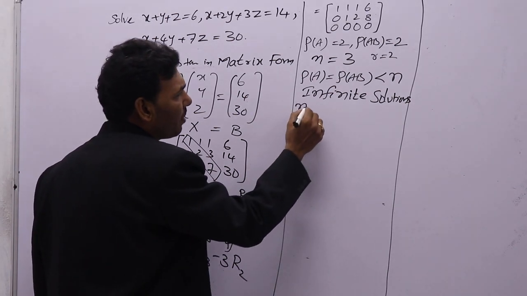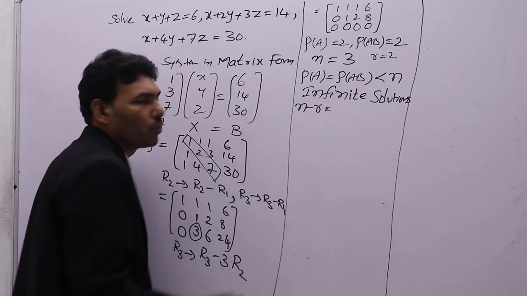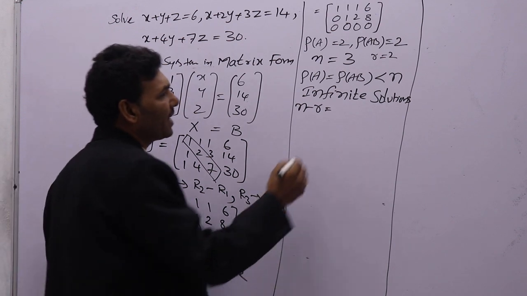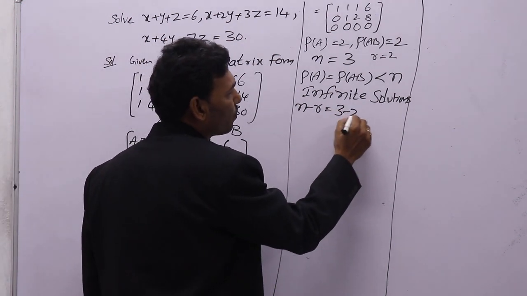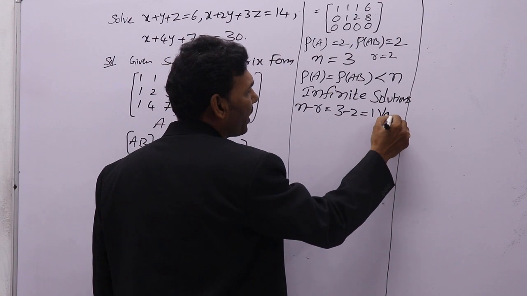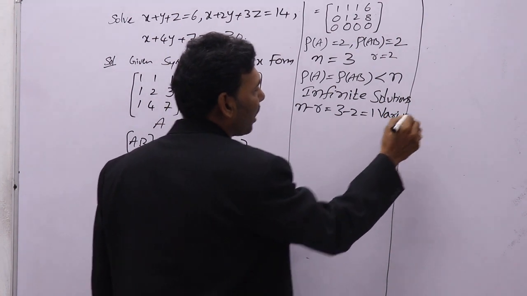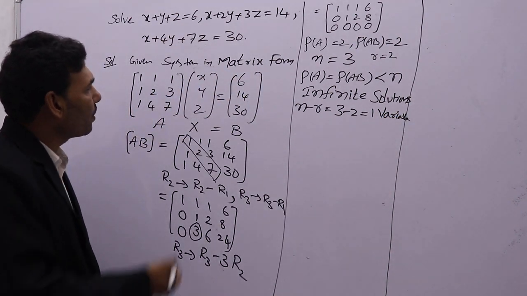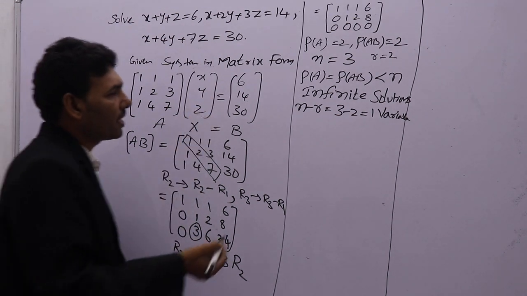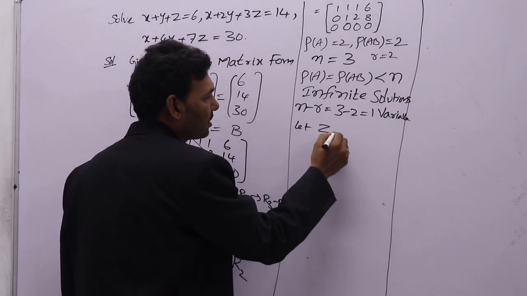To find that infinite solution, rank r is 2 here and n is 3. Assign n minus r variables to a constant k. N is 3, r is 2, so 3 minus 2 is one variable that you need to assign k. Generally you can assume any one variable as k; here we take z as k.